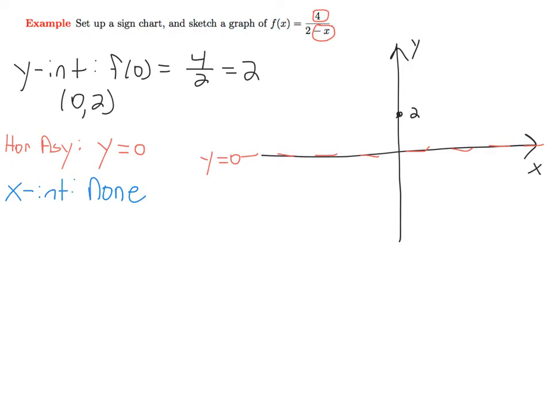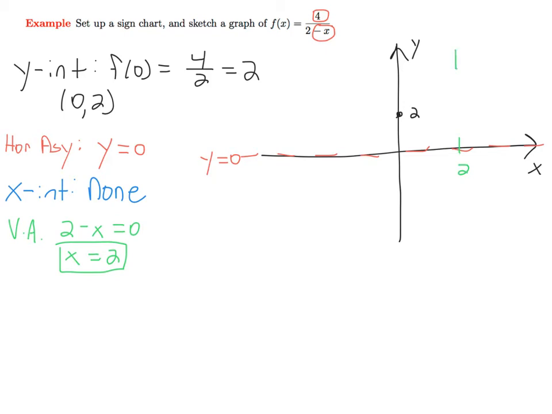For the vertical asymptote, this is going to be x values where the denominator 2 minus x is 0, where the function's undefined, and this occurs when x is equal to 2. So this gives us a vertical asymptote at x equals 2.